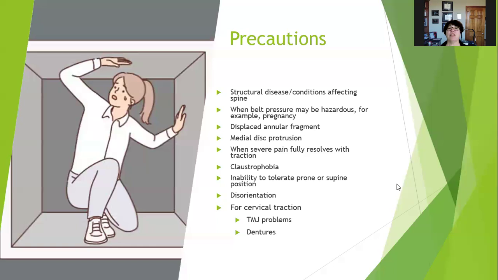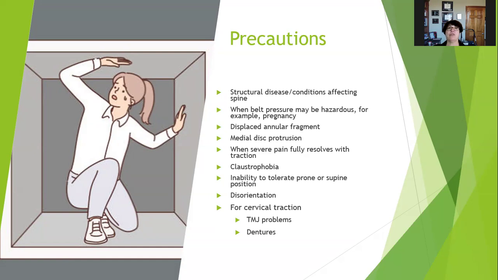For precautions, structural disease conditions affecting the spine, like scoliosis or ankylosing spondylitis, those sort of things, structural diseases that affect the spine. When the belt pressure might be hazardous, like when somebody's pregnant, it might not be the best time to do mechanical traction. You could probably do manual traction if somebody is pregnant.